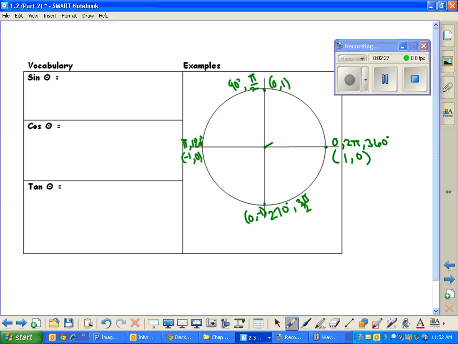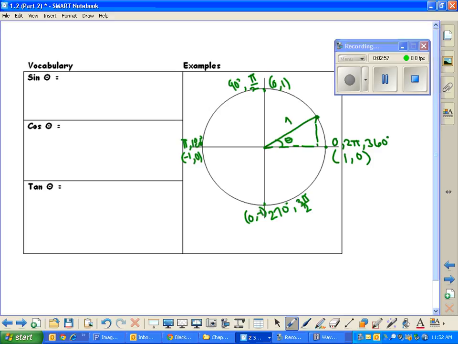Like we did for the sine and the cosine, we're on page 36 of the notes. I want you to draw a little triangle in there, a triangle with our angle theta. We know the hypotenuse of this triangle is 1.